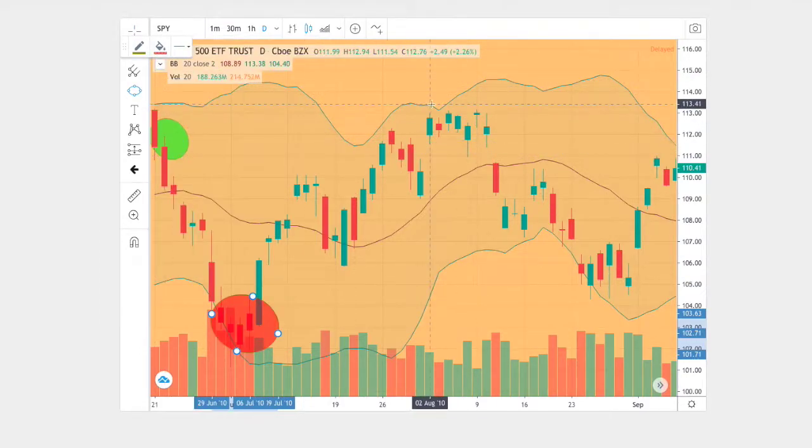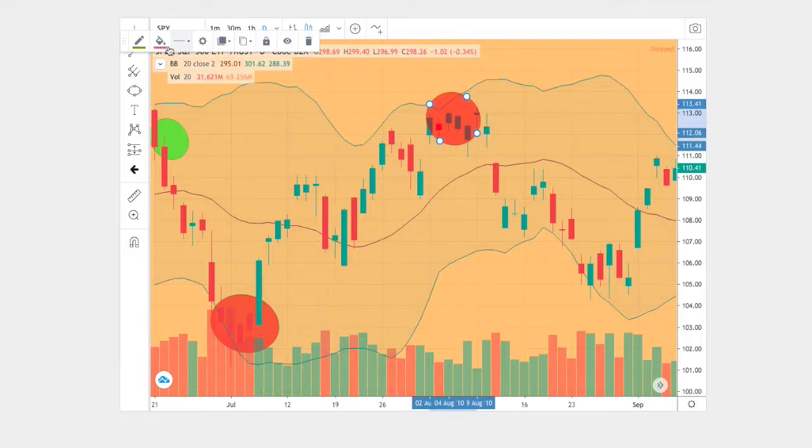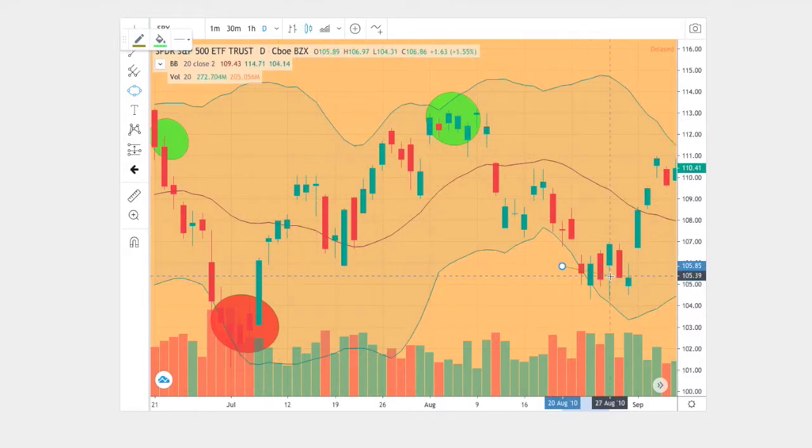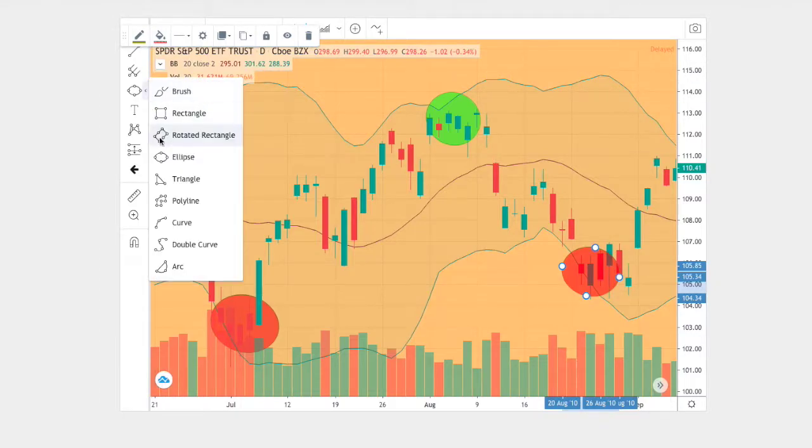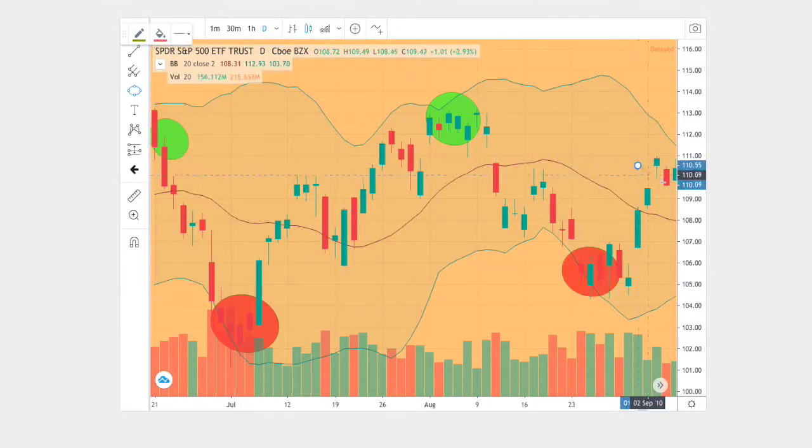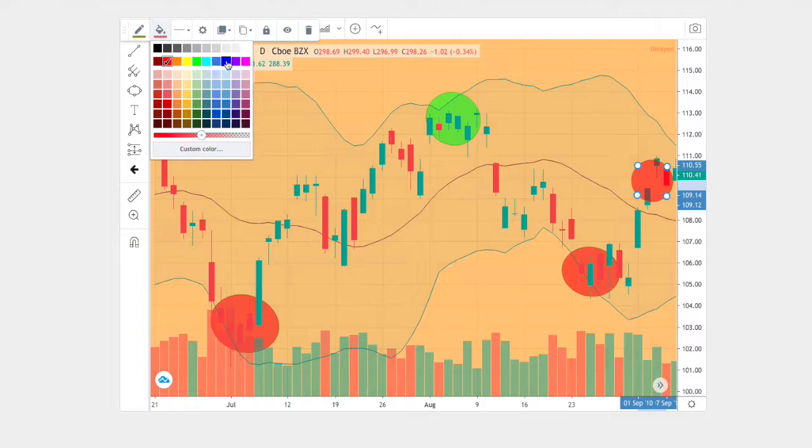After that, as you'd expect, it touched the upper Bollinger Band once more. And then we have one more instance where we touch the bottom Bollinger Band. And finally, right towards the end, we see it close above the middle Bollinger Band, not quite touching the upper Bollinger Band. So we have those instances at the end.